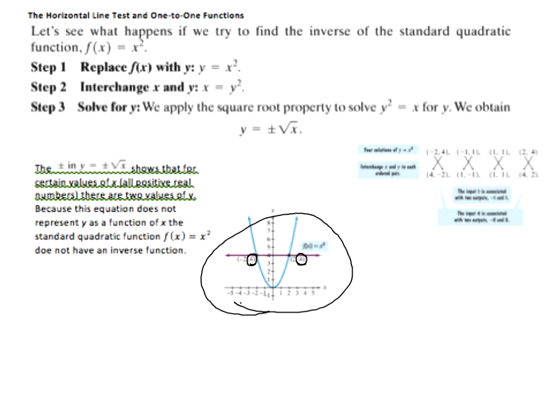So that brings us to this idea of a horizontal line test. What the horizontal line test tells us is that if a horizontal line passes through more than one point on a function, this function is not one-to-one, and it does not have an inverse function.